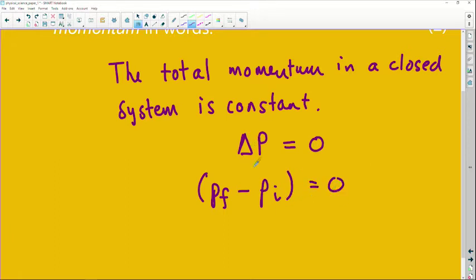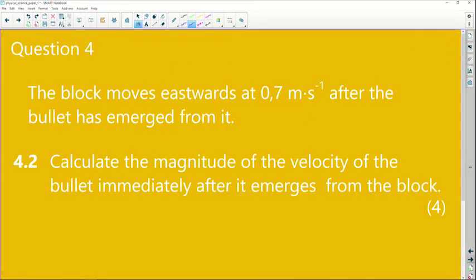Remember that we define a change in a physical quantity as the final quantity minus the initial quantity, and that gives me the change in linear momentum. Right, so let's move on and see how we can use this to solve the following question.